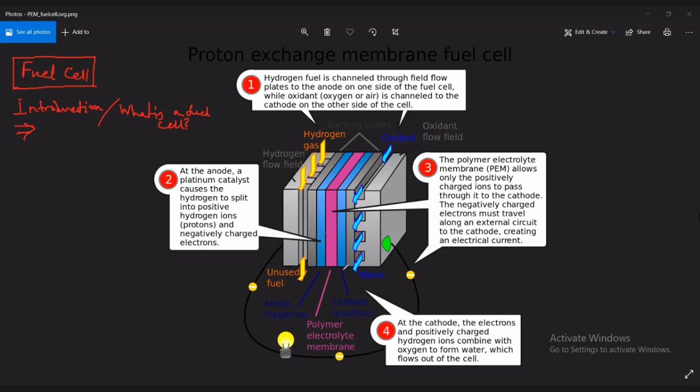And finally, the last stage, this is another layer, and this is the fifth layer. We have already explained the 4 layers. The fifth layer is the oxidant, which is allowed to flow through the chamber. And this is just like the hydrogen gas chamber.